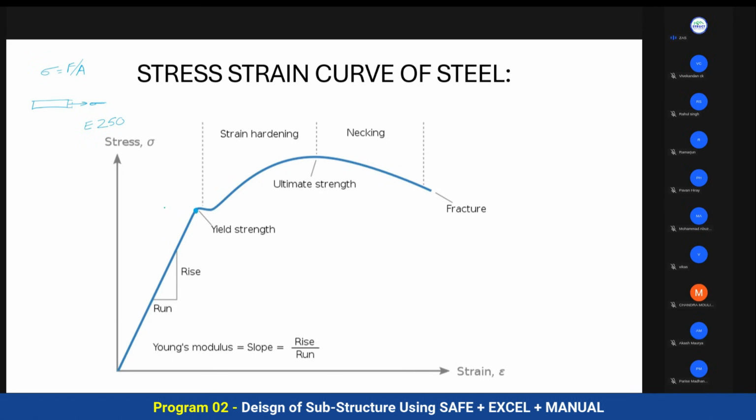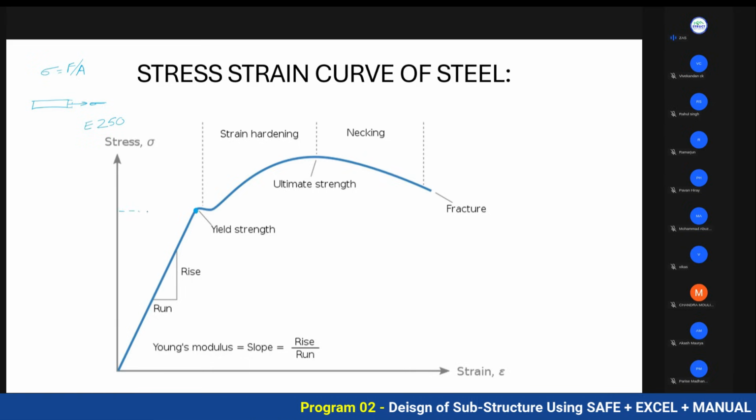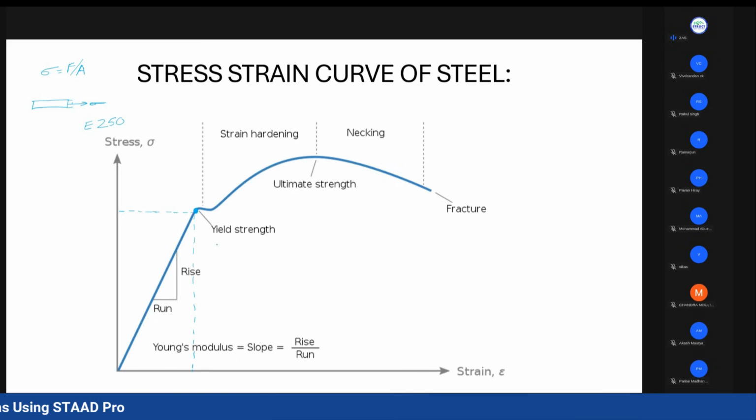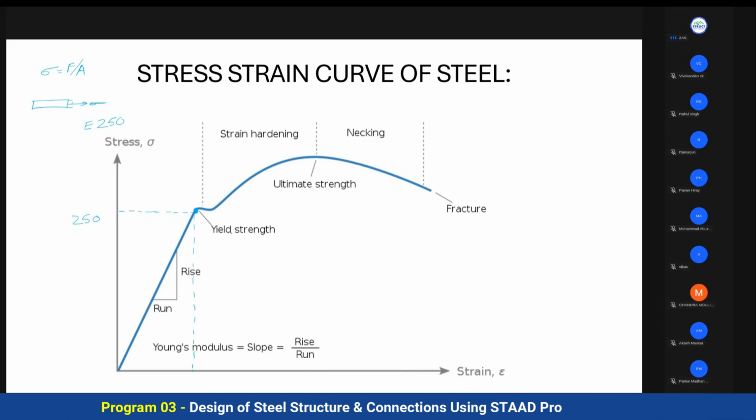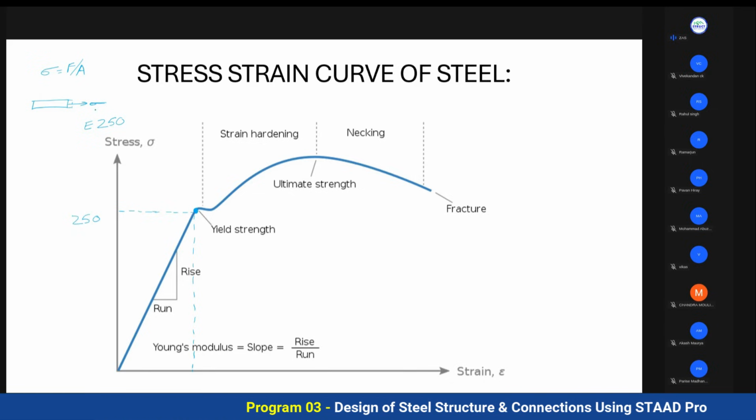It means that when you apply certain force on your member, the member will change its length. There will be certain strain in the member. At the yield strength limit of your E250, the stress will be 250 over here.